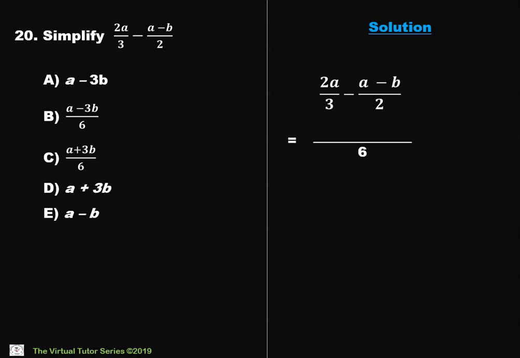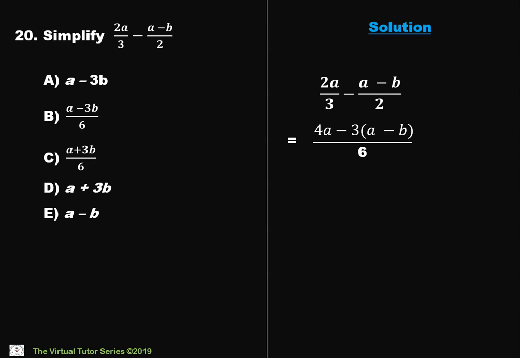Now, 6 divided by 3 is 2, and 2 times 2a is 4a. Again, 2 into 6 is 3. So we have 4a minus 3 into bracket a minus b bracket close all over 6.